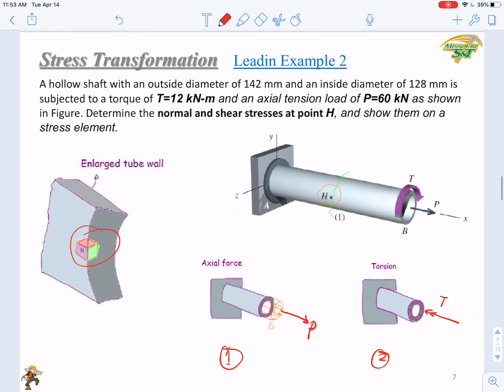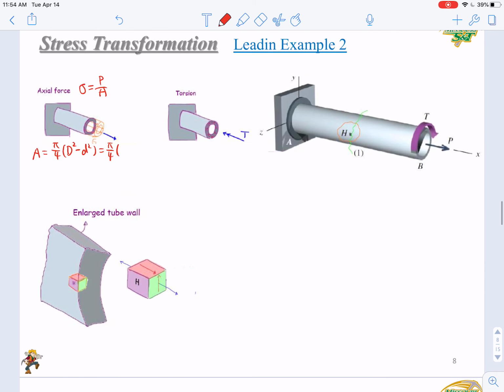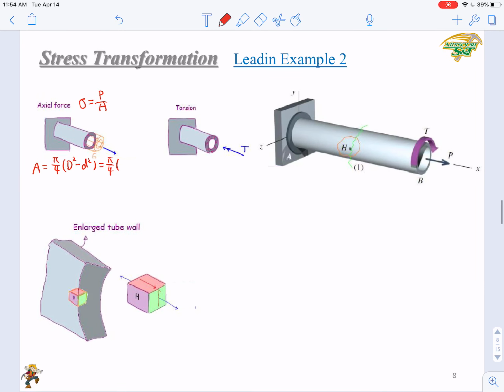These two diameters are 142 and 128, right, it's 142 squared minus 128 squared. You get 2970 square millimeter.